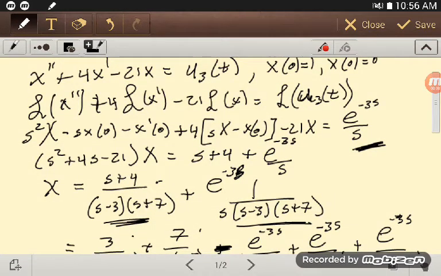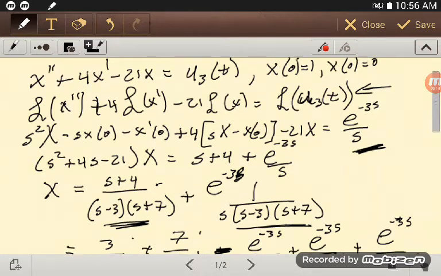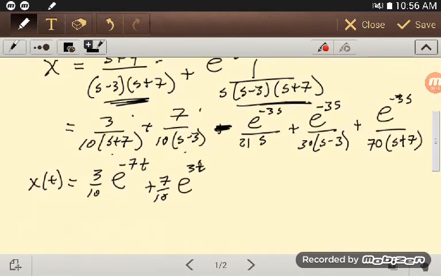There was u3t, I took its Laplace transform, and I know this is just minus 1 over 21 u3t.